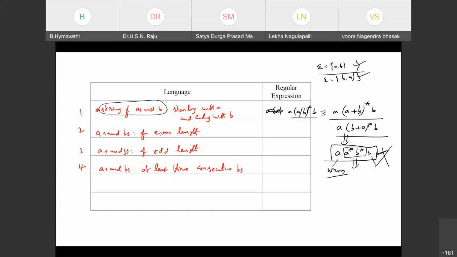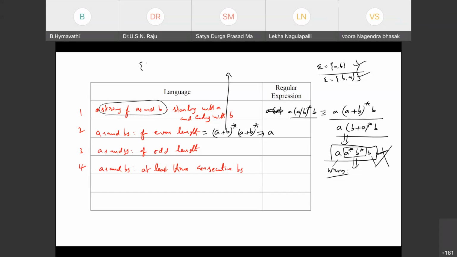Right. A's and B's of even length. (A plus B) whole star followed by (A plus B) whole star. Sir, A star plus B star? If this is the case, then I am getting odd-length strings like A also as part of the language. Is A part of the language or not?